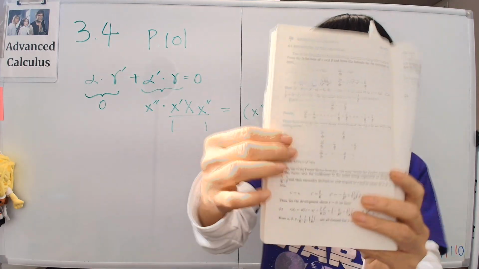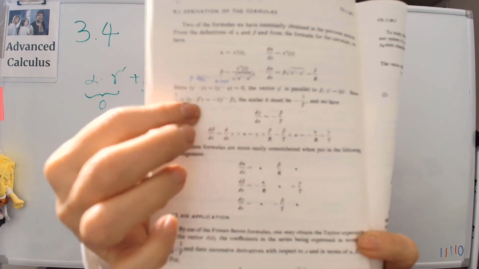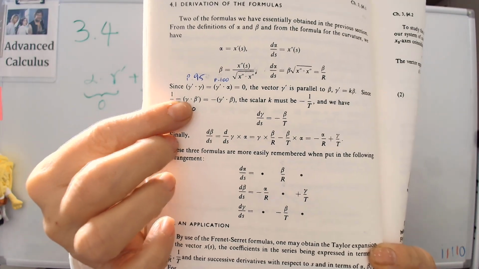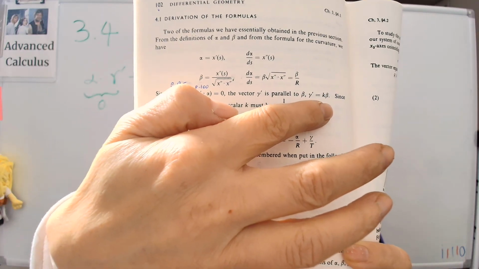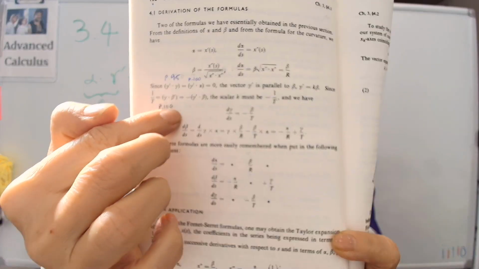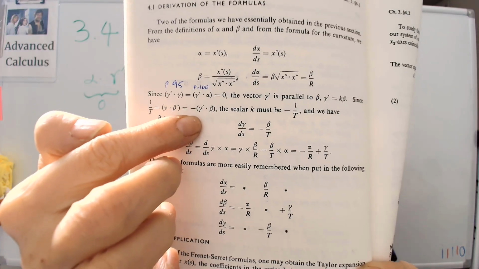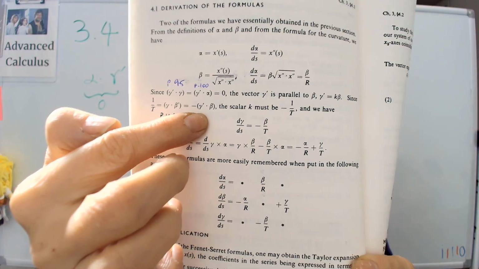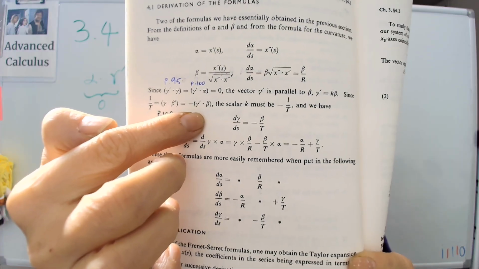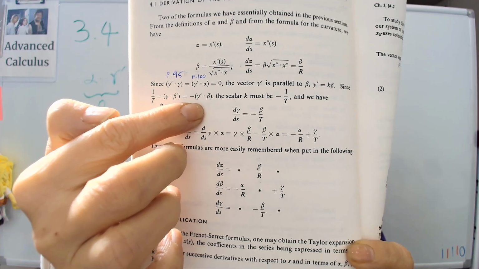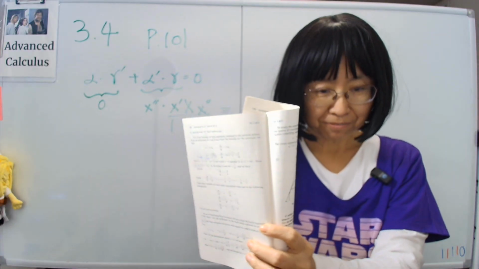So anyway, after all these tiny little equations, what are we doing? First we knew that gamma prime equals k beta. Next we know that 1 over t is equal to negative gamma prime dot beta. So what does that tell you? What is the value of k? The value of k then must be negative 1 over t.